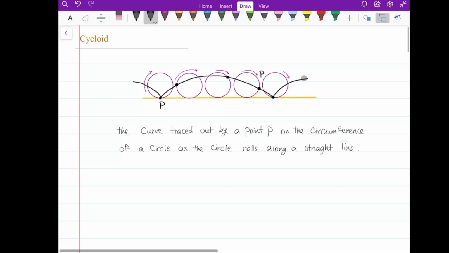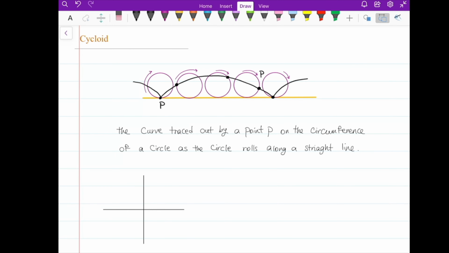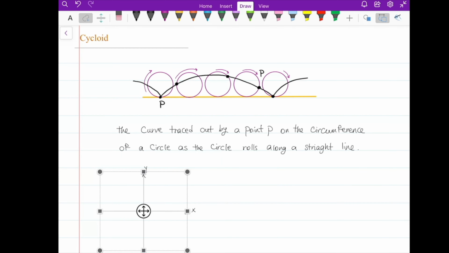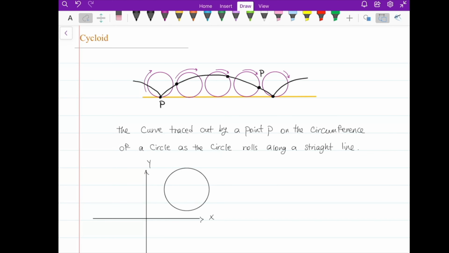Now we're going to write a parametrization of that curve. Let me start by graphing the x-axis and y-axis, and let me make it a little bit bigger. Then I have a circle, and I'm going to put the circle in here.